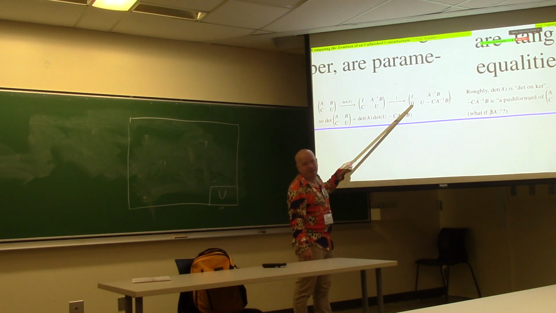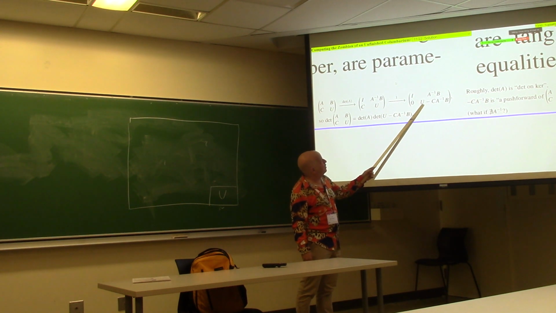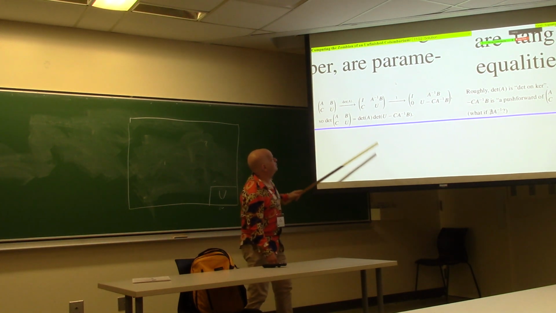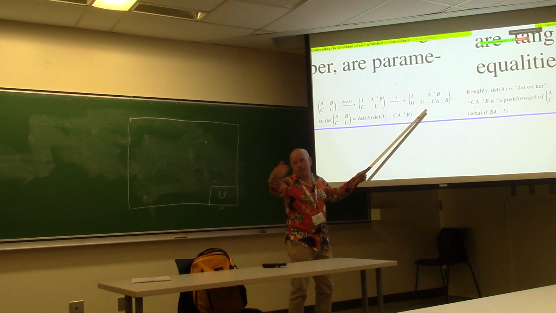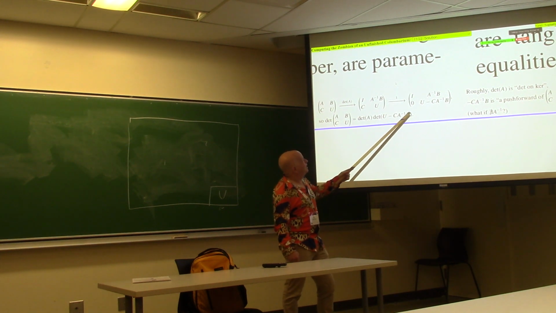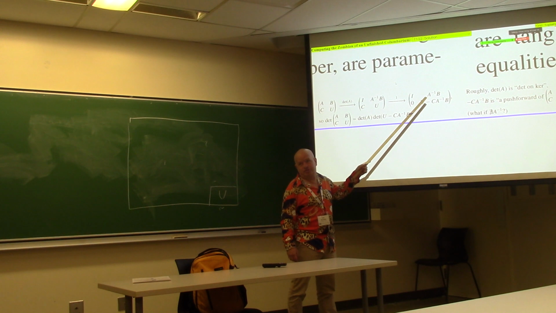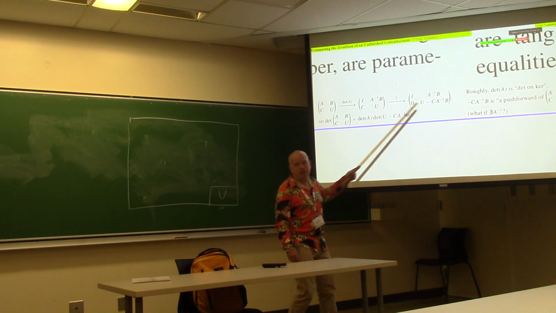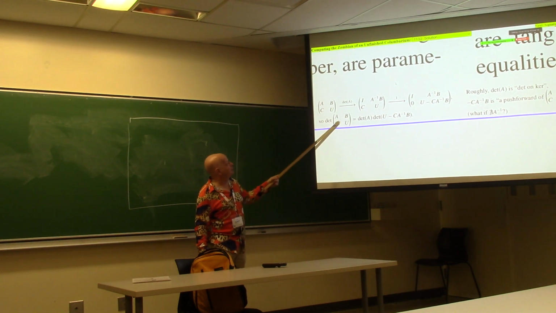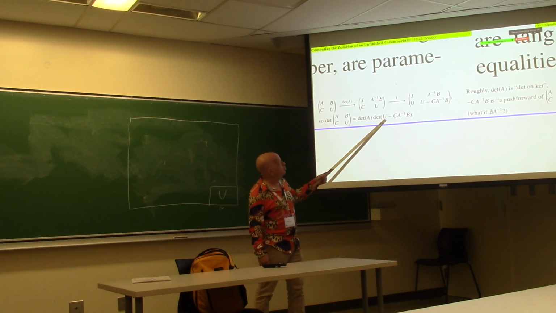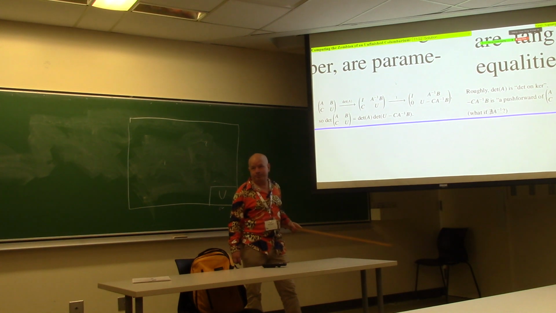So this gets killed and the U gets replaced by U minus C A inverse B. And this, adding one row to another, has determinant 1, so it doesn't change the end result. And now I got a triangular matrix whose determinant is the determinant of this block multiplied by the determinant of that block. So overall, I'm finding that the determinant of ABCU is the determinant of A times the determinant of U minus C A inverse B.